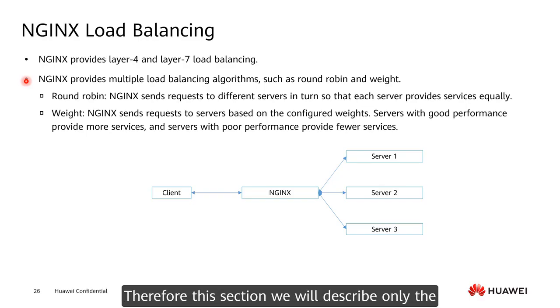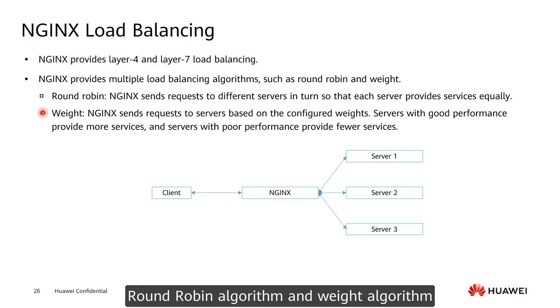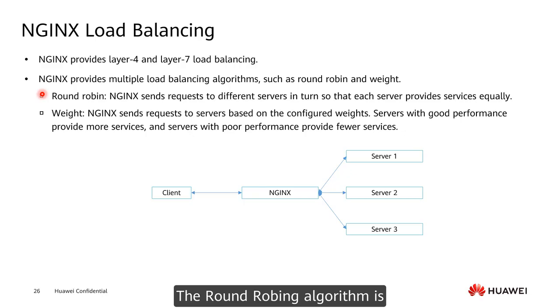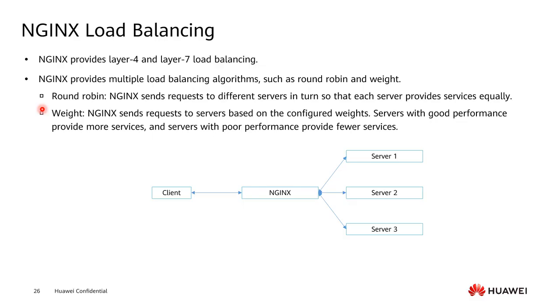Therefore, in this section we will describe only the Layer 7 load balancing function of Nginx. Nginx also uses multiple algorithms, such as the round-robin algorithm and the weight algorithm. The round-robin algorithm is the same as the RR algorithm in LVS, and the weight algorithm is the same as the WRR algorithm in LVS.